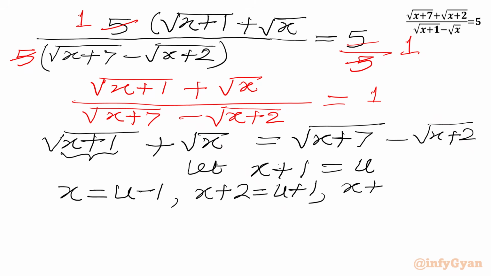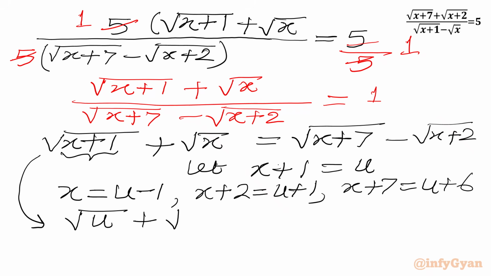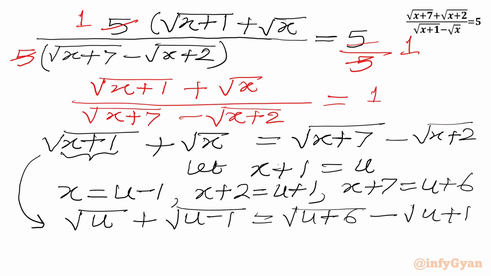Similarly, x + 7 will be u + 6. So our equation will convert into variable u. I will write √u + √(u−1) equal to √(u+6) − √(u+1).